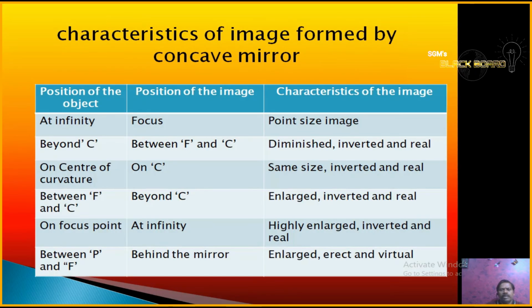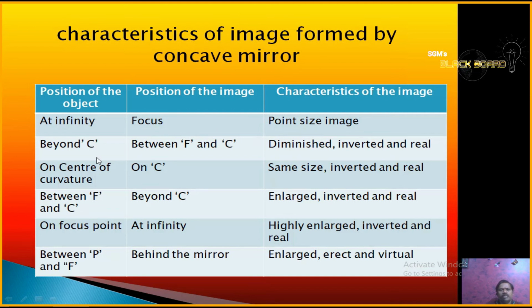Now let us simplify what we have observed in a table. Here are the characteristics of the image formed by the concave mirror. Let us tabulate all this information: position of the object, position of the image, characteristics of the image. When the object is at infinity, we get the image at focus, it is a point size image.